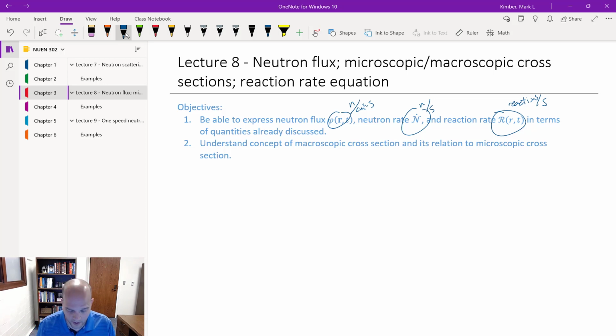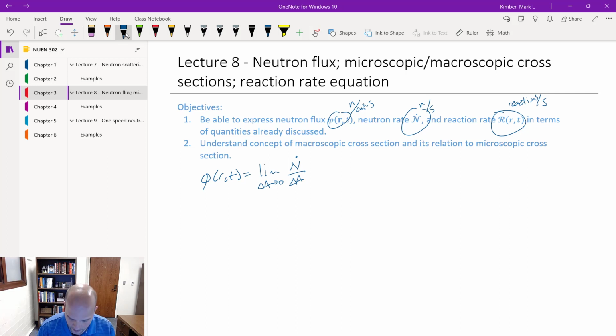But it's going to be defined in a formal sense as looking at some target area, we'll call that delta A, and we look at all the neutrons being bombarded in that area, and if we take the limit as that goes to 0, then that's going to be what we're calling this neutron flux, this scalar flux.